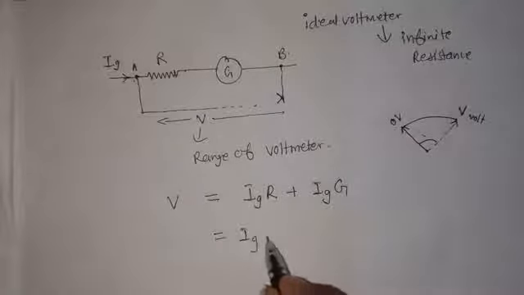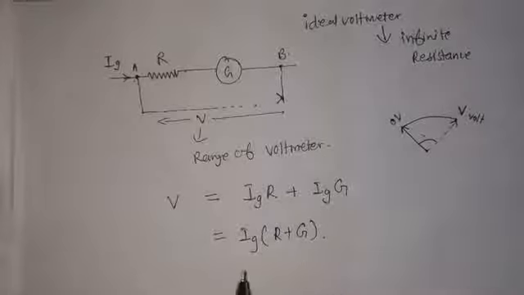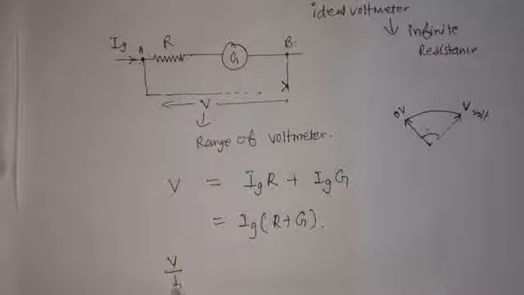Here Ig is common, and inside it is R plus G. Thus V = Ig(R + G).